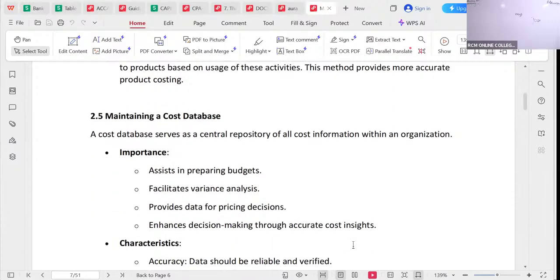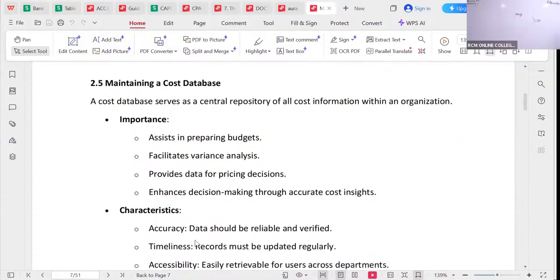The importance: it assists in preparing budgets because you have all the costs, facilitates variance analysis, provides data for pricing decisions, and enhances decision making through accurate cost insights. Characteristics of a good cost database: it shall be accurate.